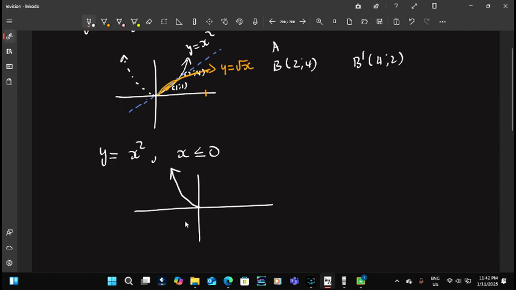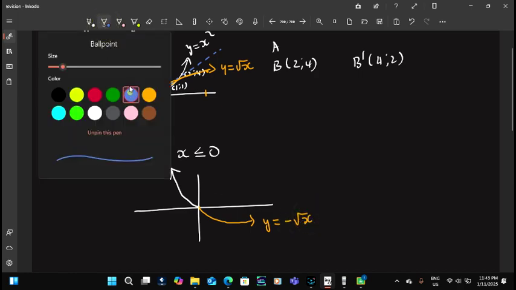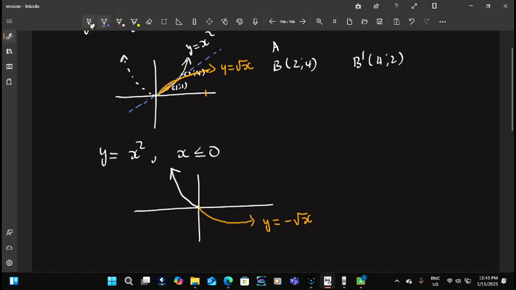Now this one, we will reflect it here. We will get this part. So this part will be y equals negative root x. Remember, this is the function f.